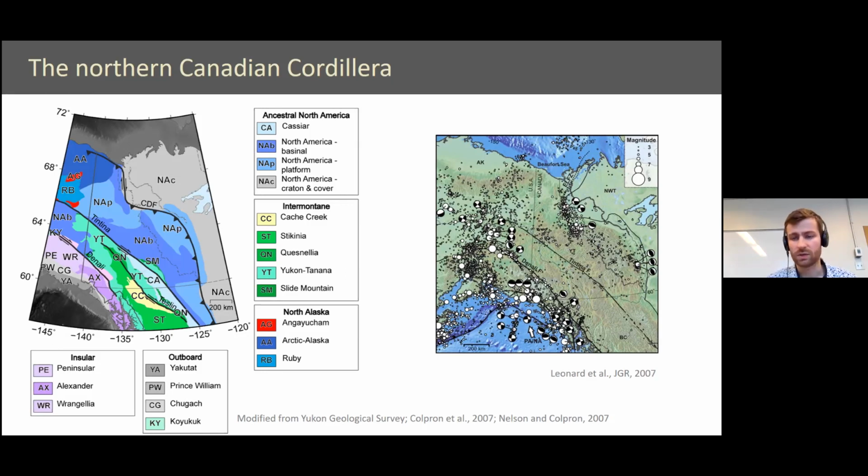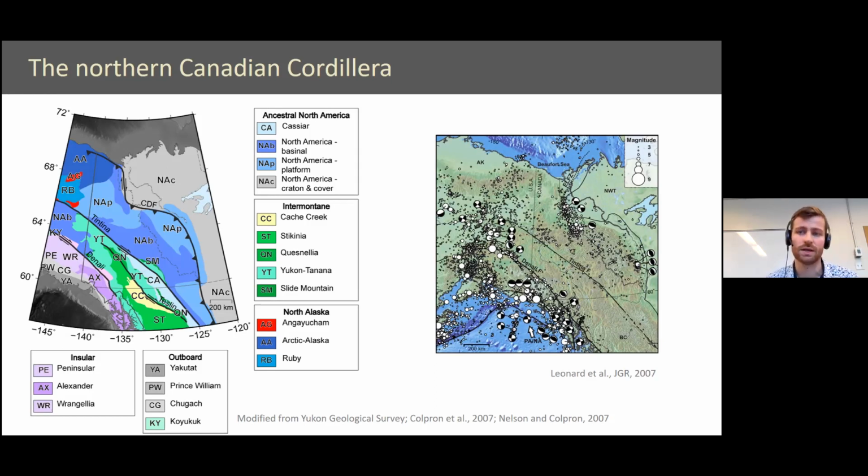Between the Tintina and the Denali Fault, we find the Intermontane superterrane, with the Cassiar terrane, for example, which is a sliver of ancestral North America that is stuck against the Tintina Fault here. Further south, we have younger terranes that are part of the Insular and the Alberni superterrane, and especially the Yakutat block, which collided with the margin of North America 25 million years ago.